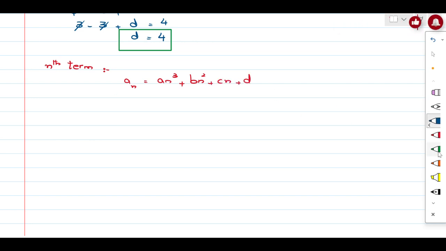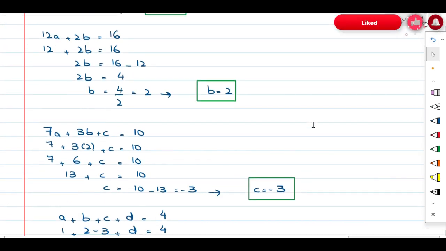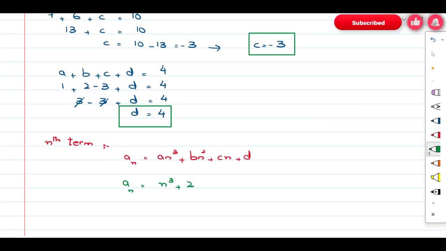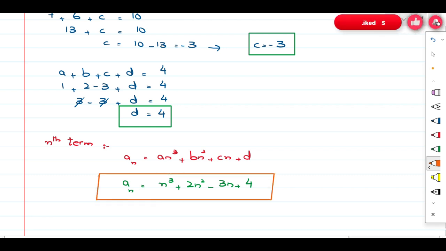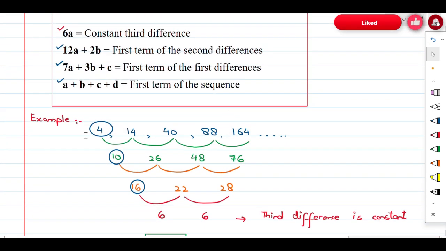Now the nth term formula should be, a value is 1, so n cube, b value is 2, sorry, let me double check, b is 2, c is minus 3, right? So 2n square minus 3 times n, and d value is 4. So this is the nth term formula for the above cubic sequence, 4, 14, 40, 88, and 164.